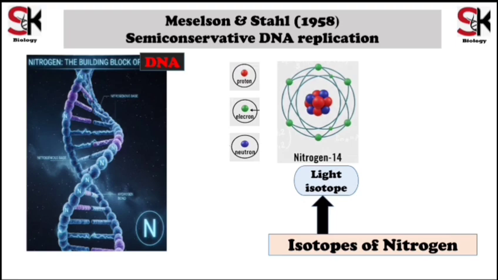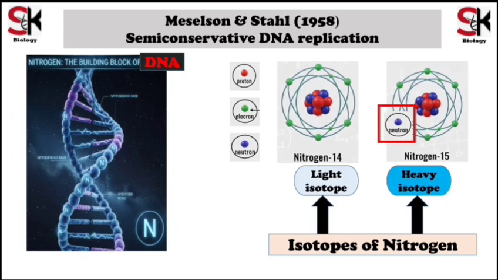Here in this image, protons are shown in red, electrons in green and neutrons in blue. Another isotope they used is the heavy isotope of nitrogen, N15, in which one extra neutron is present, which increases its weight. That is, N14 is lighter than N15. This light and heavy property of the isotopes is used by Meselson and Stahl to study DNA replication.